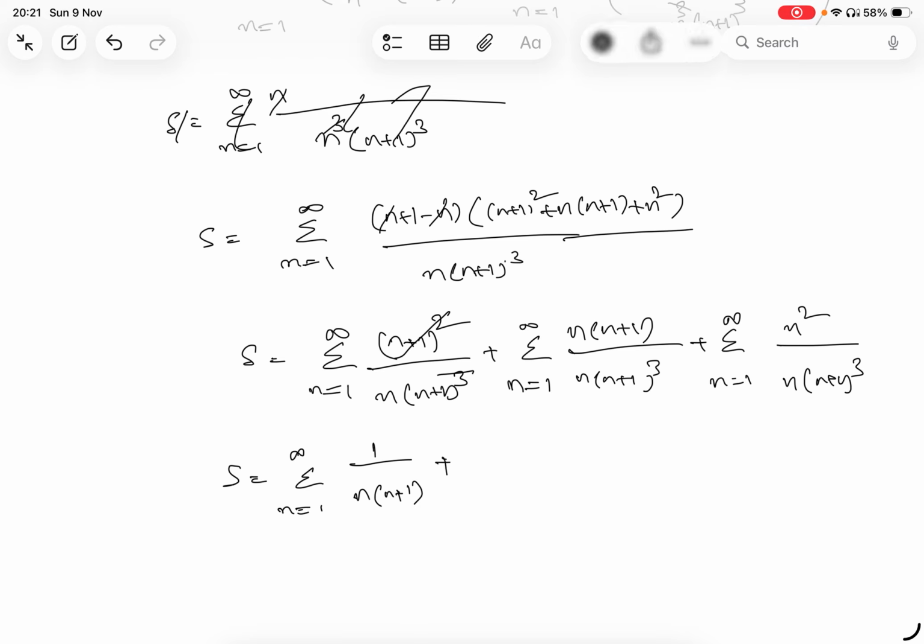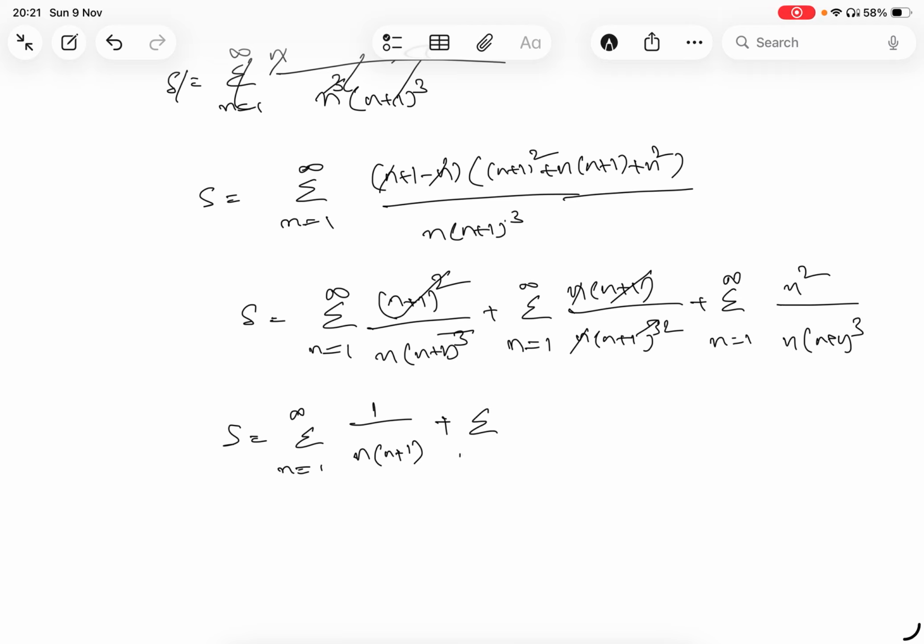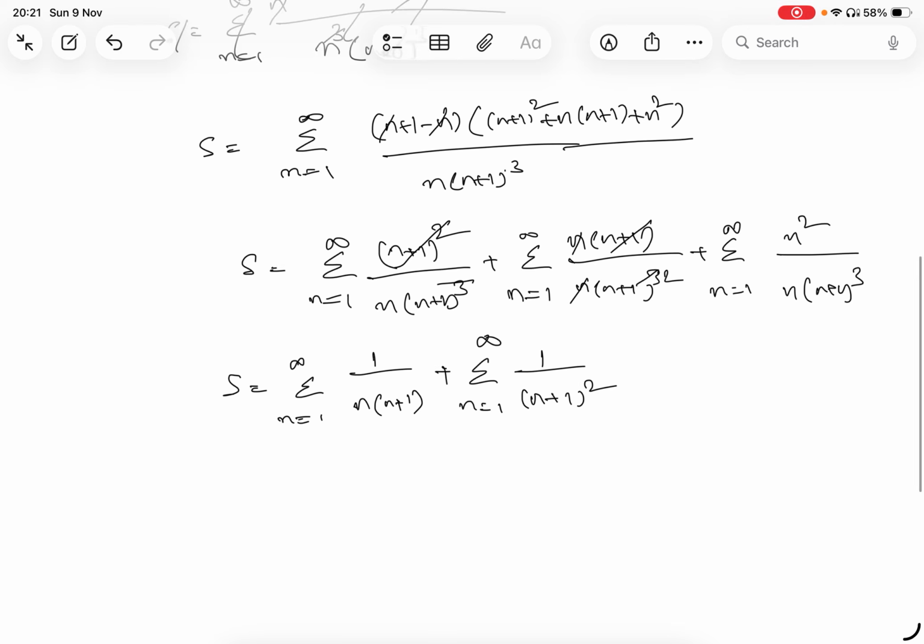Fine. Now n plus 1 whole square will get cancelled and you are left with summation n equal to 1 to infinity 1 by n into n plus 1. In the second term, n will get cancelled and one of the n plus 1 will get cancelled, and you get a square term. Then summation n equal to 1 to infinity 1 by n plus 1 whole square.